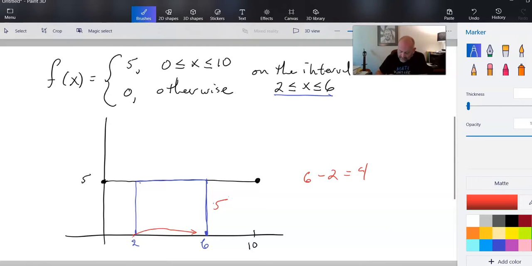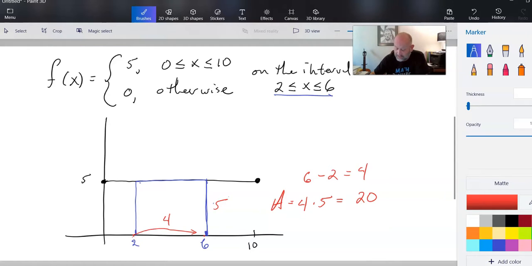If you have two x values, you subtract them and you take the positive value. So this side length is 4. The total area is 4 times 5, which is 20.